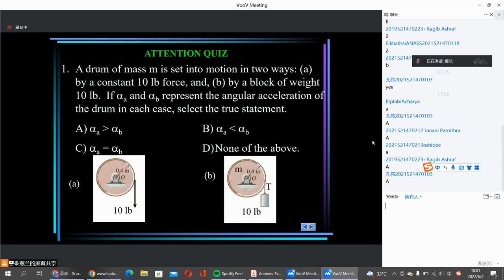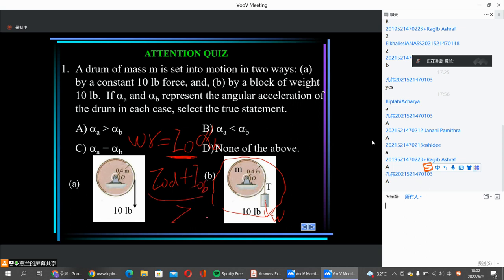Or you can take this as a system. For this system, the force W will have a moment about point O. So W times R will equal I_O, the mass moment of inertia of the system about point O, times alpha B. The mass moment of inertia will equal the moment of the disk about point O plus the moment of the block, right?